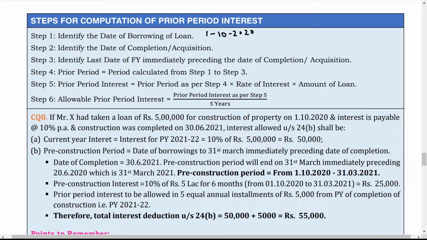So the second point: Step 2, identify the date of completion or acquisition. In this case you have to identify the date of completion, so your construction was completed on 30 June 2021.